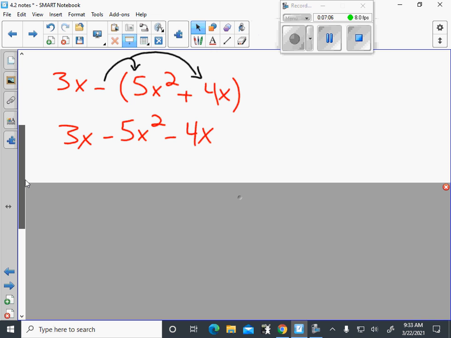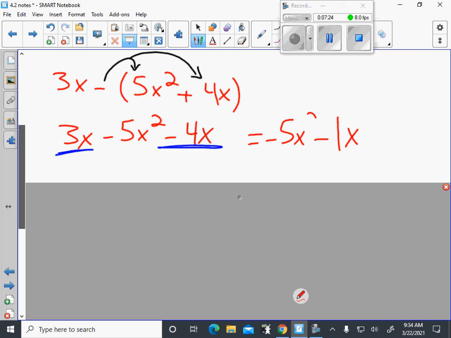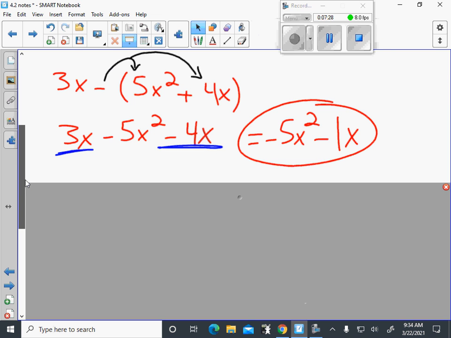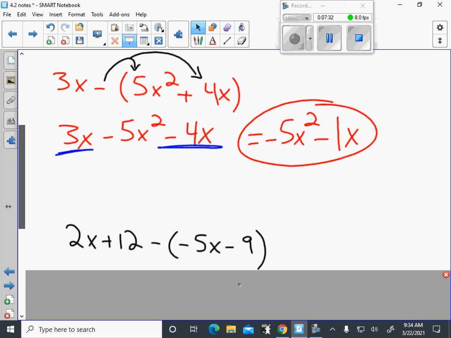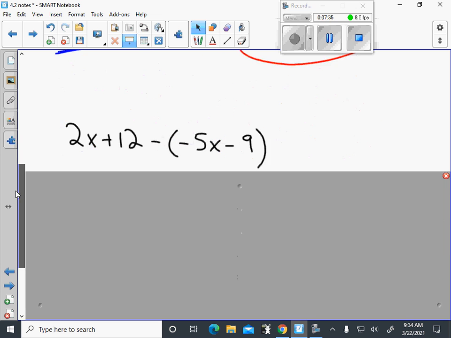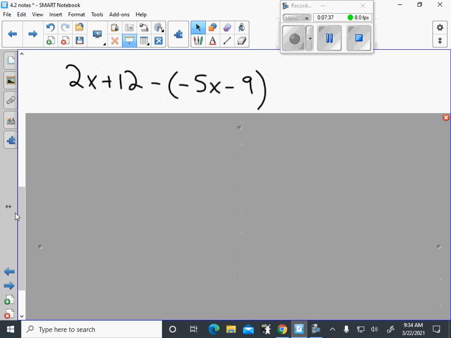Okay, now it's just combining like terms. We have 3x minus 4x, which is a negative 1x, or just negative x. And what's left? Negative 5x squared. Okay, I also wrote it in standard form. Good. Down here, same thing.